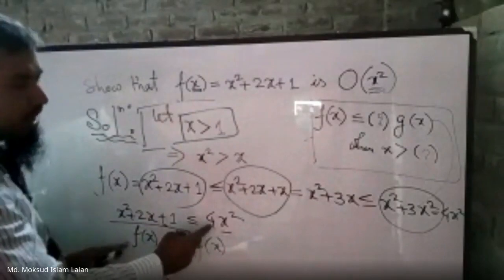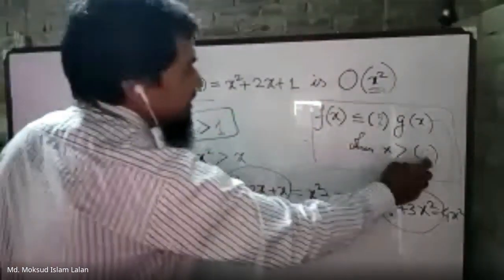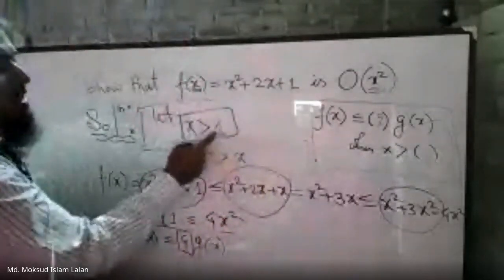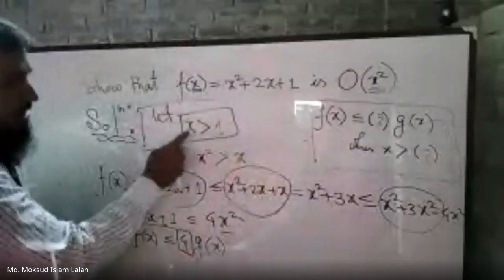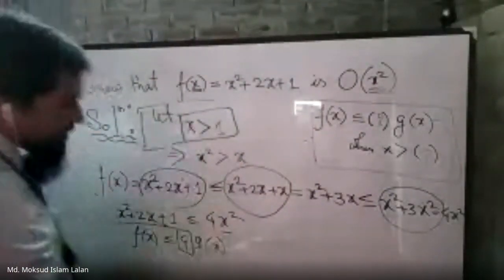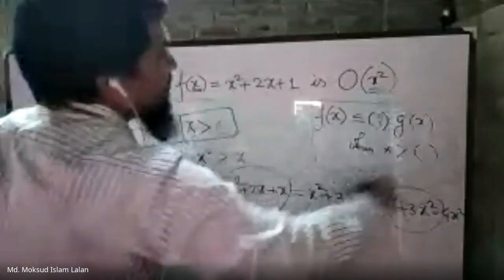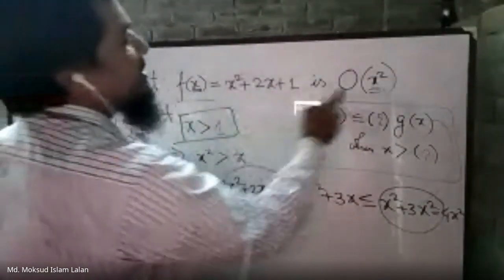So the unknown that we have already found is 4, and x greater than what we considered at the beginning, x greater than 1. On the basis of this x greater than 1 and 4, we can say this satisfies the big O definition. So since it satisfies the big O definition, definitely x square plus twice x plus 1 is a big O of x square.